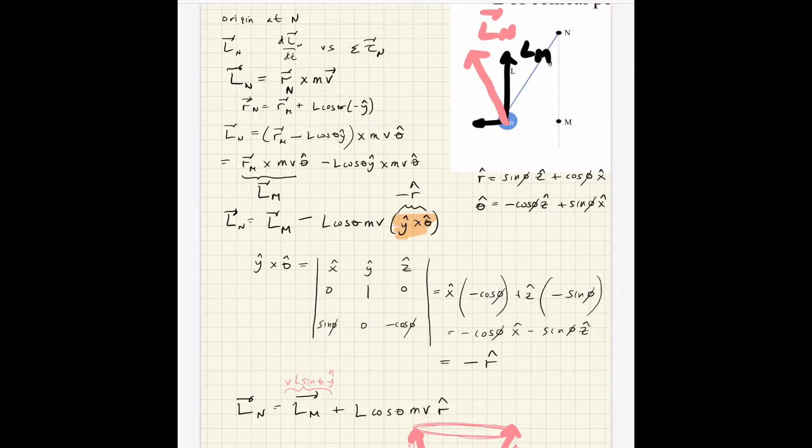So just prepping this so we can think about taking the time derivative of L sub n, which will effectively be the time derivative of L sub m plus the time derivative of L cosine theta mv in the r hat direction. We already know that this term is 0. We saw it before, so we're just concerned with this one.